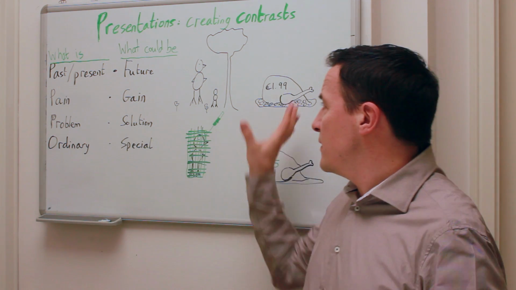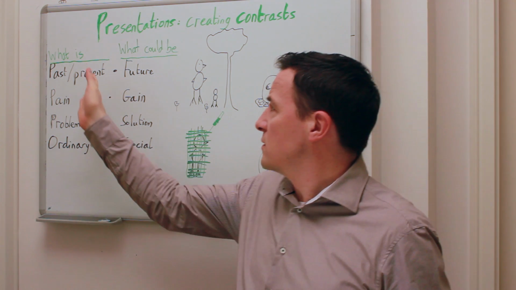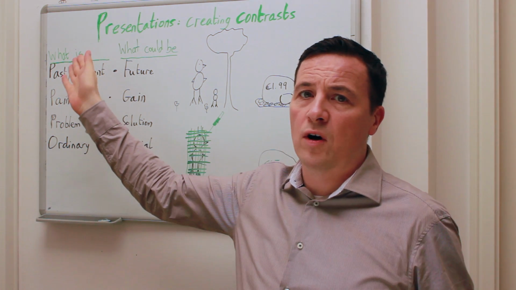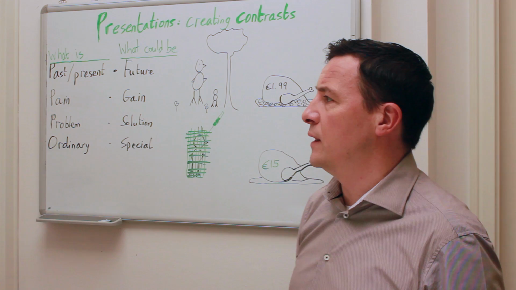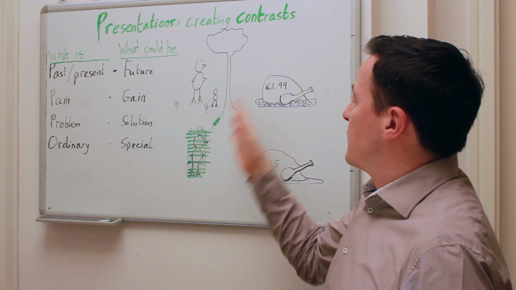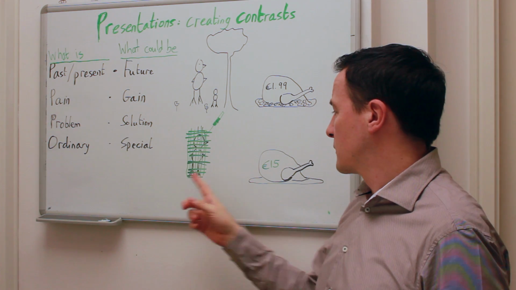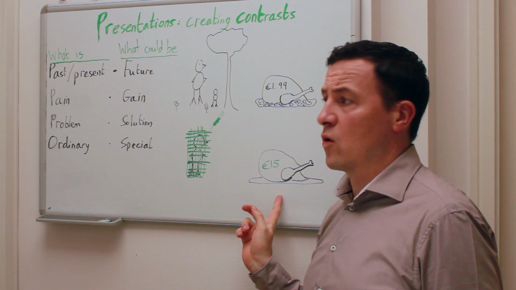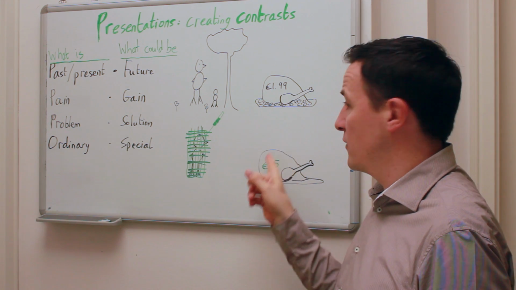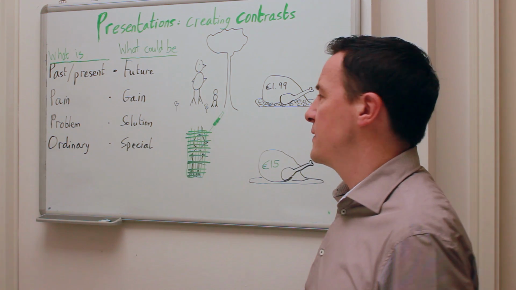So this is just an idea that I use to express some of these ideas of what is and what could be. Here we have different types of contrasts. You could talk about here as the problem and the solution, or you could talk about the pain of paying €15, but the gain of this.